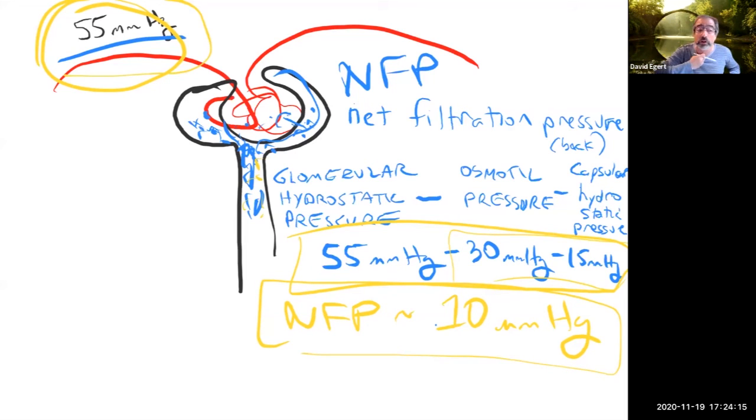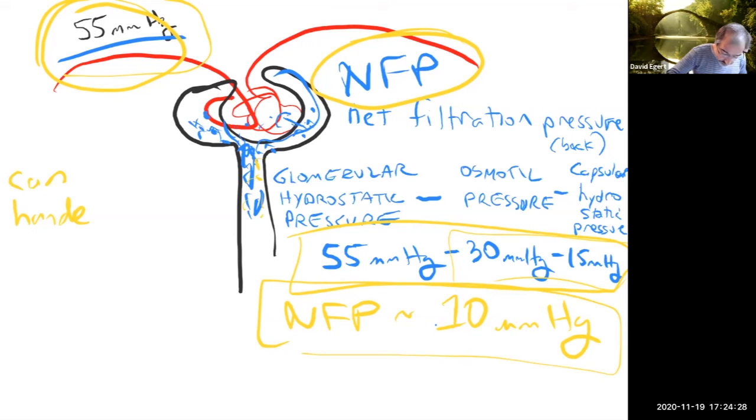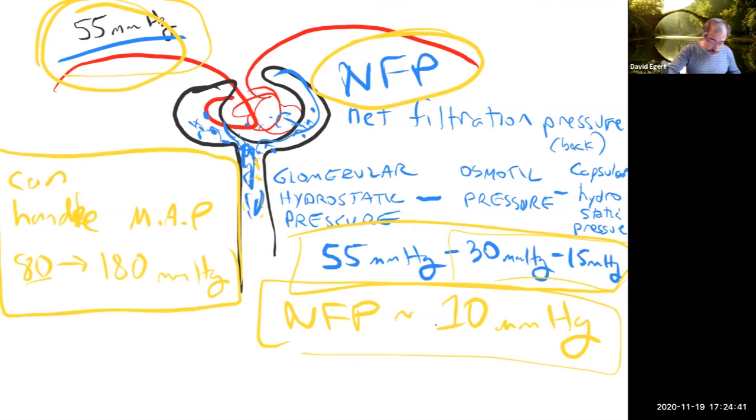We're going to talk a little more. You have ways to adjust this net filtration pressure over a wide range of blood pressures. So if your blood pressure is pretty low or pretty high, we're going to talk about different ways the system has to adjust this net filtration pressure to make sure that it's in the adequate range.